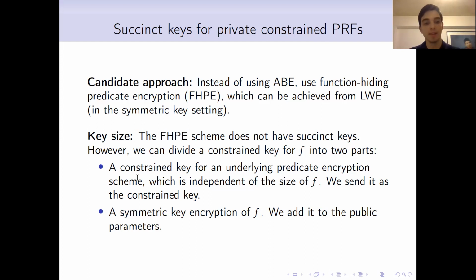To put it another way, with this approach, our constraint key has a private part, which is succinct, and a public part, which is not, but it doesn't have to be because we just put it together with the rest of the public parameters.